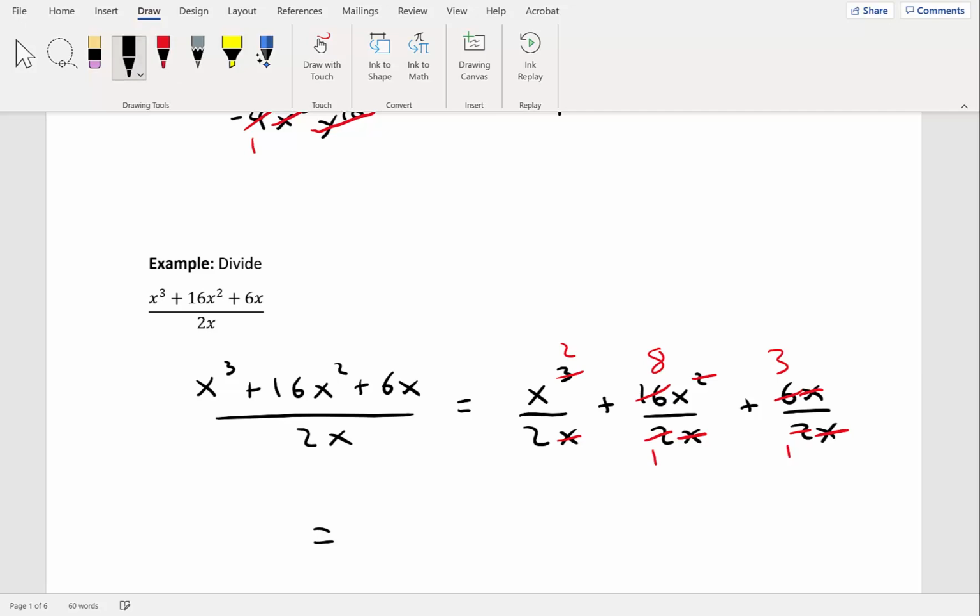Now let's rewrite our result. From the first fraction, we have x squared over 2. Then plus, for the second fraction, all I'm left with is 8x divided by 1, which is just 8x. And plus 3 over 1, which is just 3. And now I'm finished. But notice I divided each term in the numerator by that one term in the denominator.